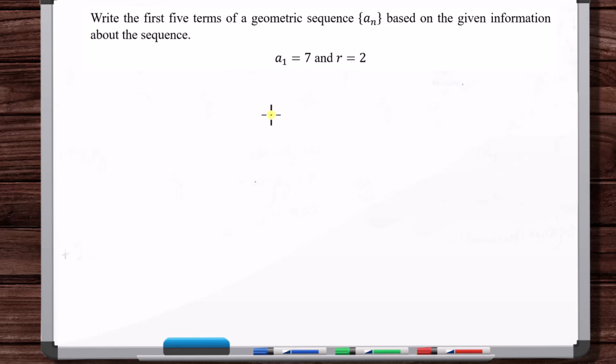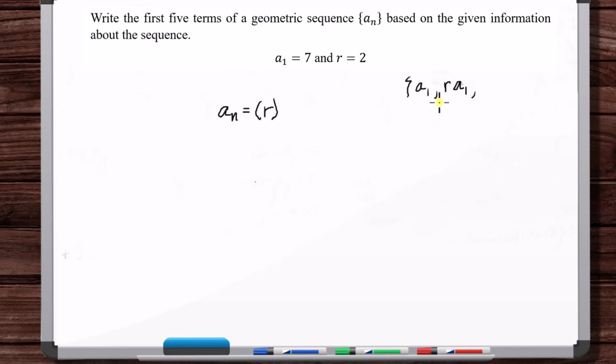But if we're starting at a sub 1, what is the formula, the a sub n, for a geometric sequence? Well, each time you're multiplying by this factor r. So you've got a1, and then r times a1 is the next one.